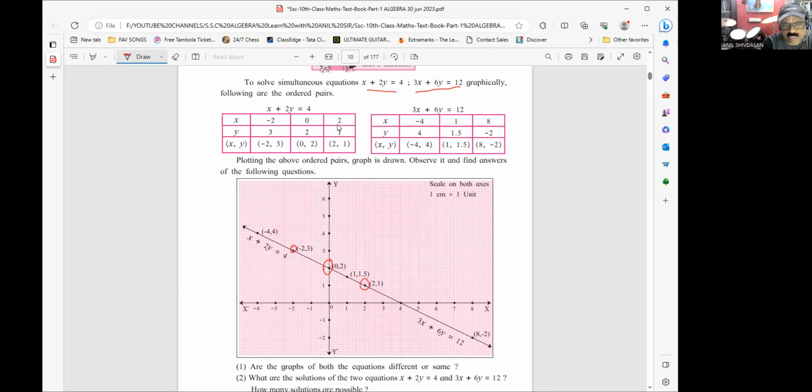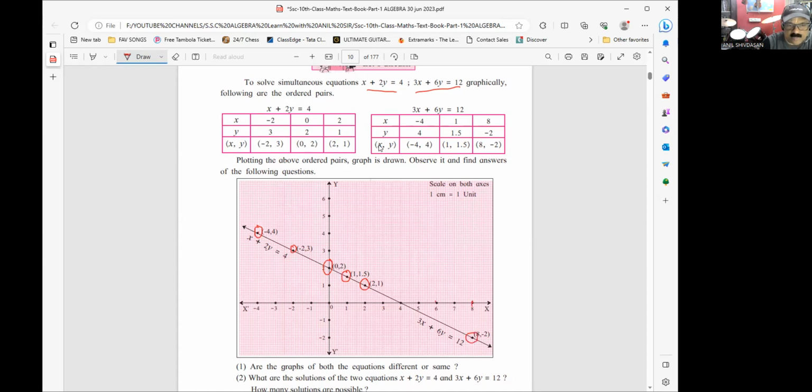And for the other equation, 3x plus 6y equal to 12, -4, 4 is here. 1, 1.5 is here. And 8, -2 will be going down. 8 is here, and -2.